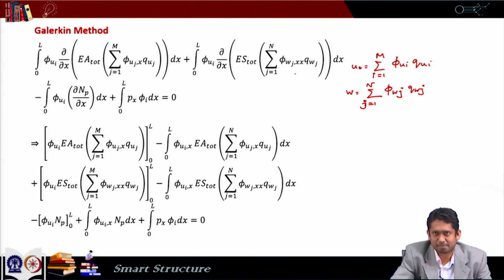So, there are total m plus n number of variables, and there are 2 equations.